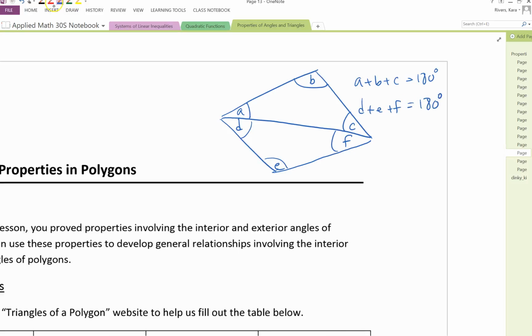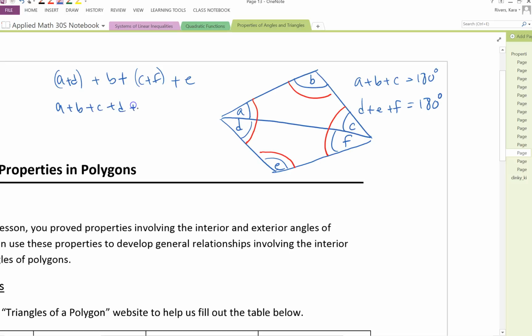So when I'm looking at the interior angles of my quadrilateral, so I've got this one plus this one plus this one plus this one, well, you can see that would just be A plus D together there, right? Plus B plus C and F together plus E. Well, that's the same as A plus B plus C plus D plus E plus F. Well, A plus B plus C, that was 180 degrees.